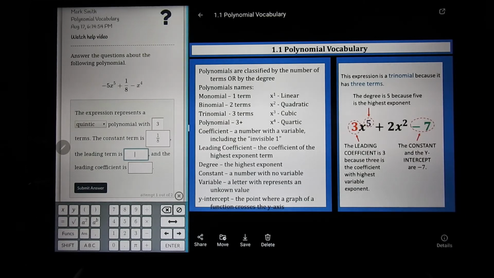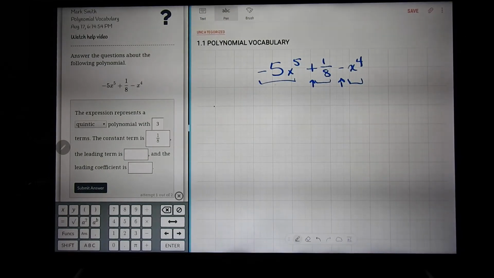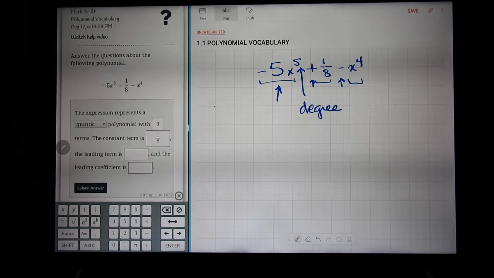All right, so I'm going to go back to my scratch paper. This is called the degree. So this is a 5th degree polynomial because it has a 5 in it.